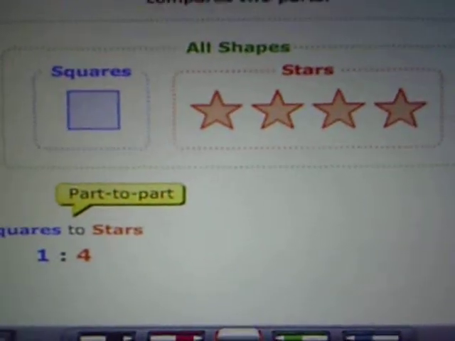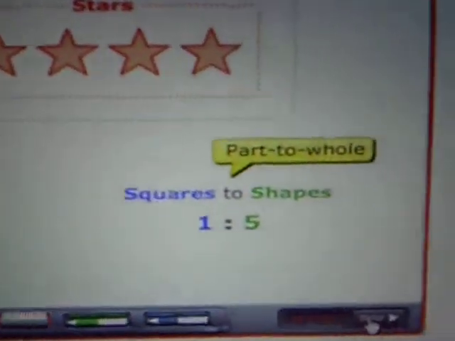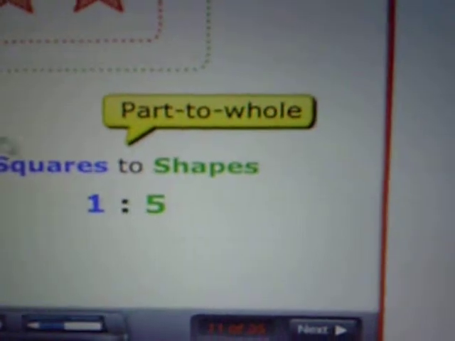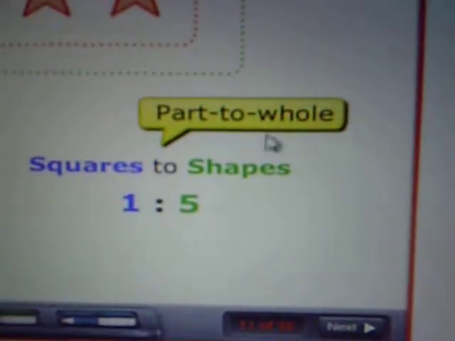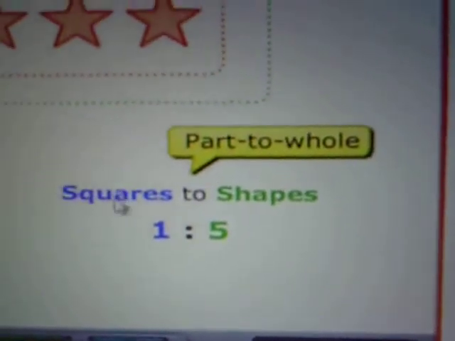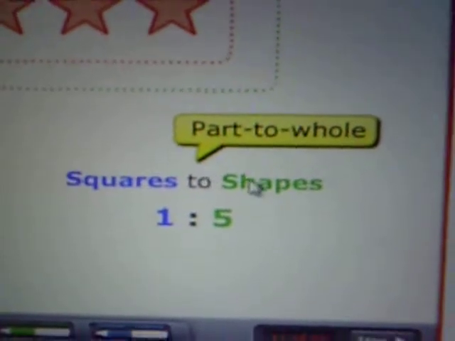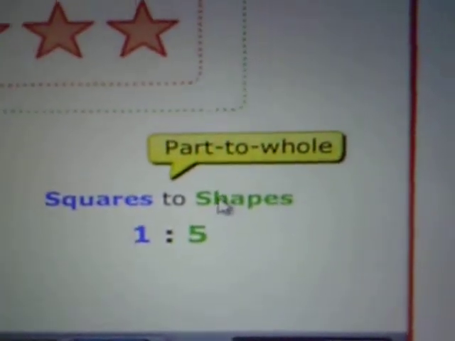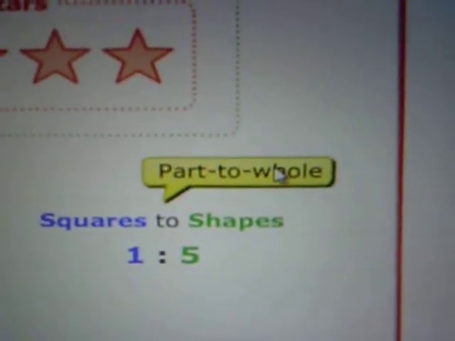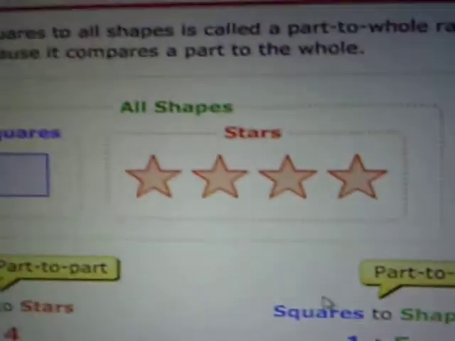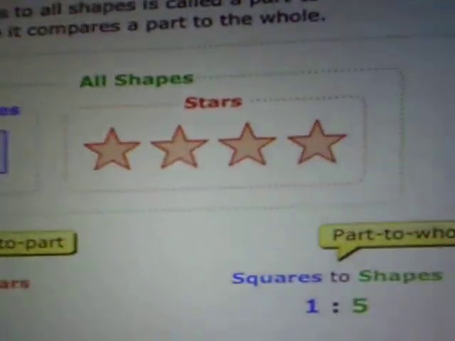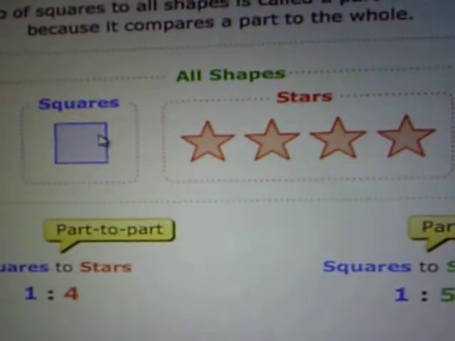However, there's another type of ratio. And the other type of ratio is called a part-to-whole ratio, such as squares to total number of shapes. In a part-to-whole ratio, we compare a part, the squares, to all the shapes on the board. There are 5 shapes on the board, 1 square plus 4 stars.